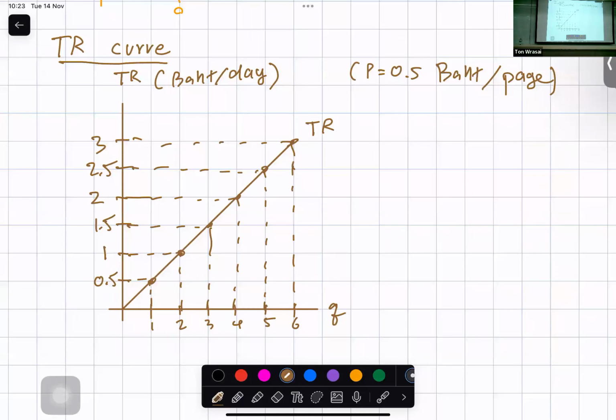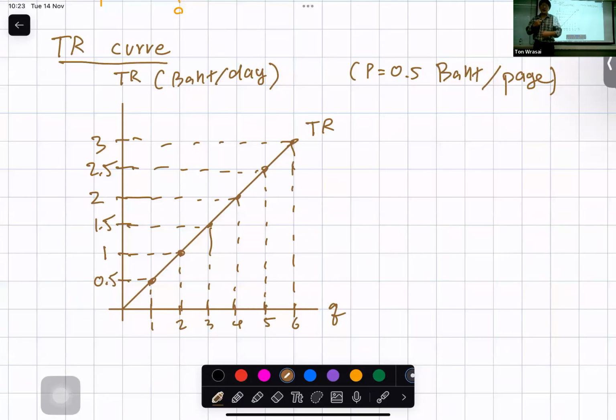Y2 minus Y1 over X2 minus X1. Okay, the variable Y in this story is TR, and variable X is quantity.